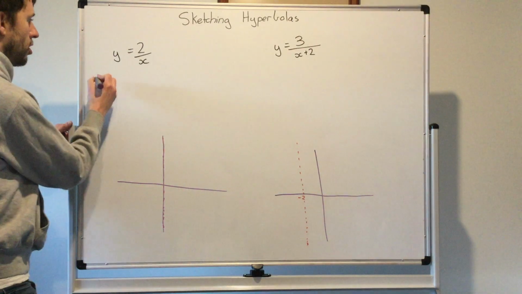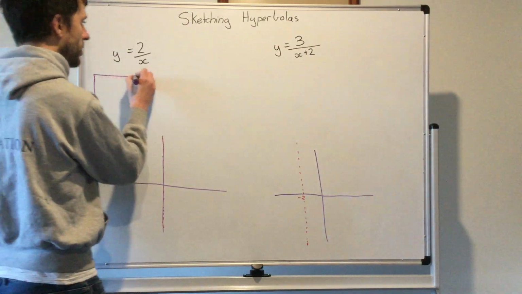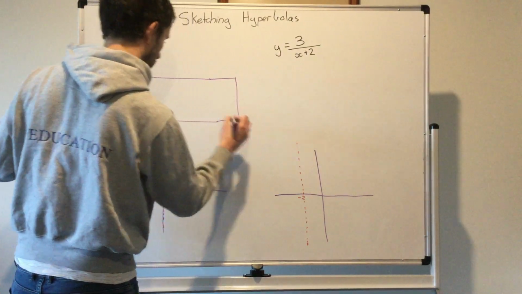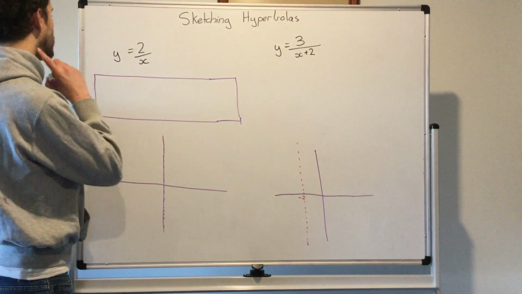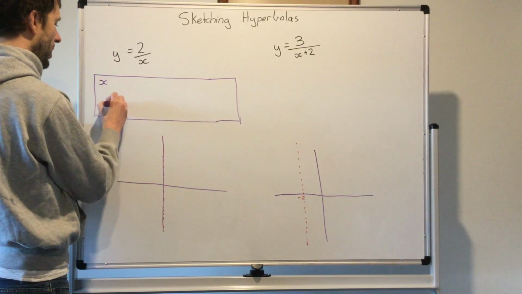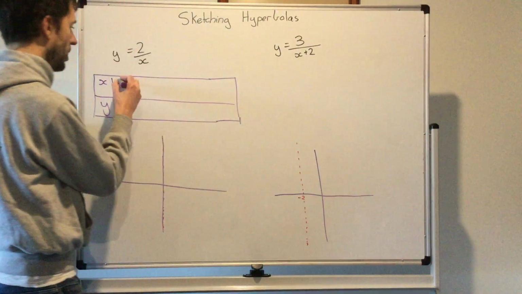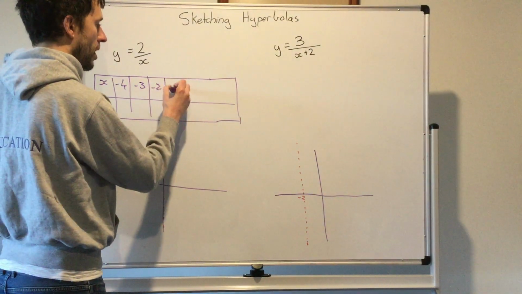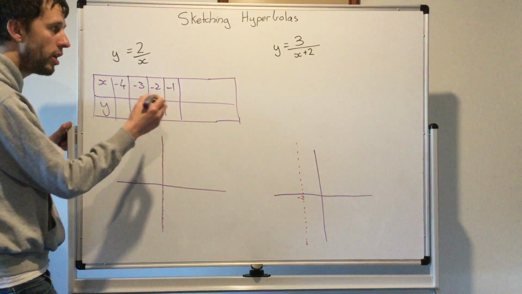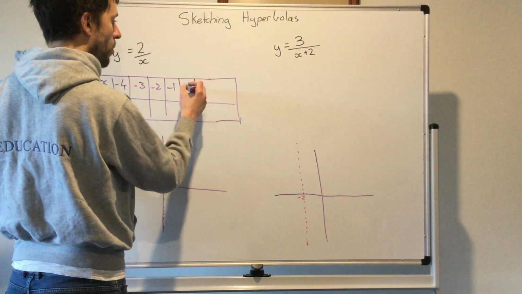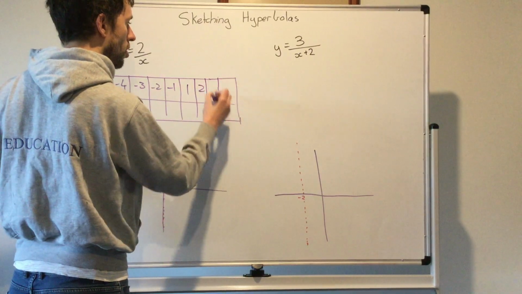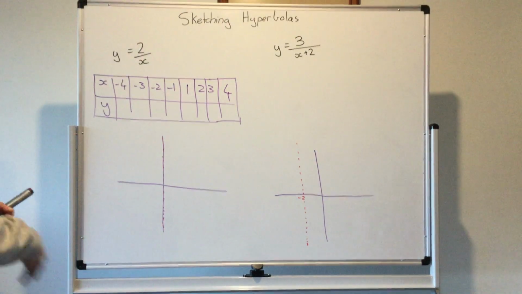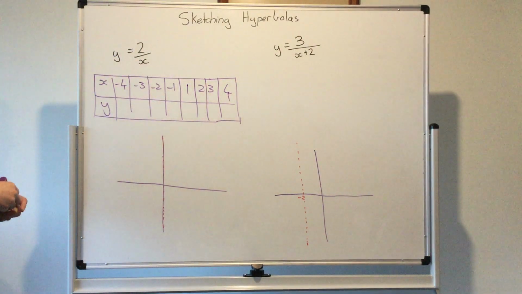The first thing I'm going to do is grab some points. I'm going to go, okay, x and y: -4, -3, -2, -1. I know it can't hit 0, it can be close, but it'll never hit 0. So I'll ignore that one and go straight to 1, 2, 3, and 4. Now from that, we are going to be plugging these into our graph.